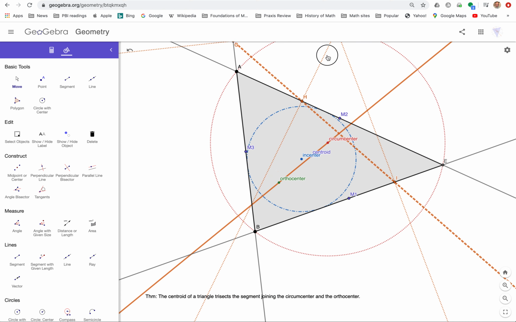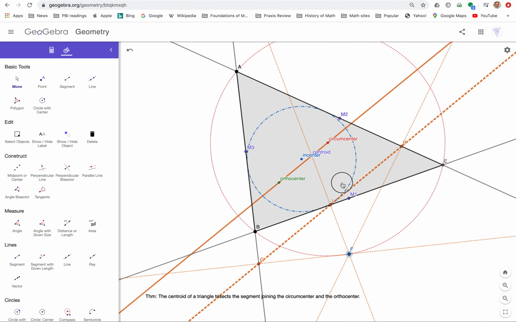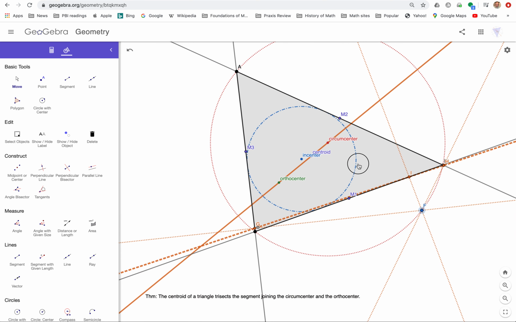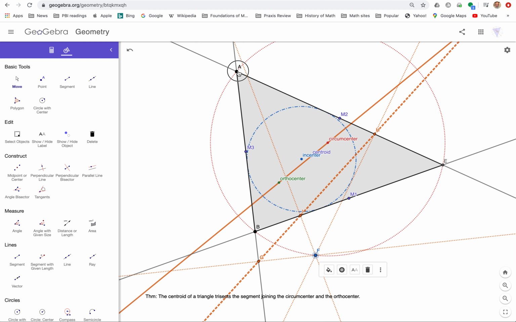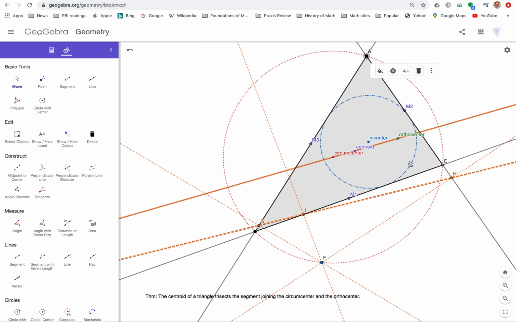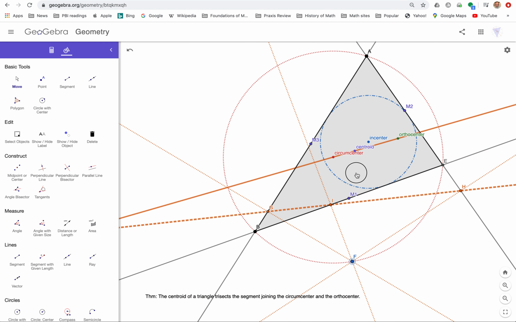And I can move this around, the circle, and they're going to stay collinear. And this is going to be true for any triangle at all. Okay? Change the triangle. Notice these are still collinear. I can move the circle around. These will stay collinear. Okay?